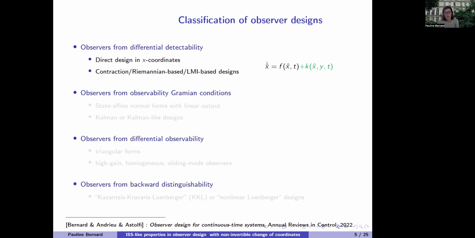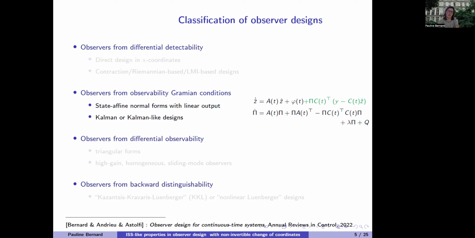So the other class is, and this has occupied a lot of researchers in the 70s, the idea of saying, well, I know how to write an observer for linear systems, so let's try to linearize my system and find a change of coordinates that transforms my system into some linear system. And in that case, if I am in a form where you have a linear dynamics with a linear output, then you have Kalman-like designs, or Kalman designs, and there's some Gramian conditions, typically complete observability conditions.